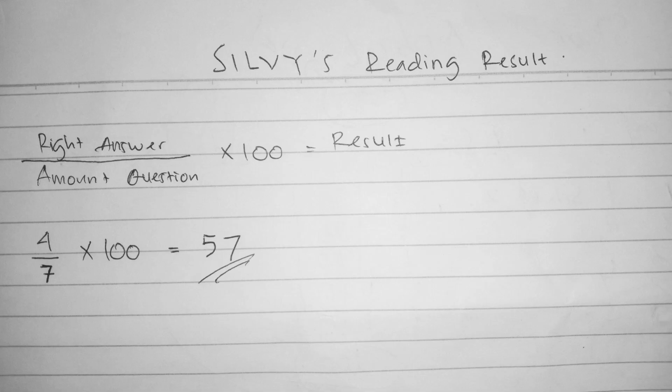Of the 7 questions, Sylvie answered 4 correctly and 3 incorrectly. Sylvie's score is the correct answers divided by the number of questions and multiplied by 100. So the result that Sylvie got from this reading test was 57.